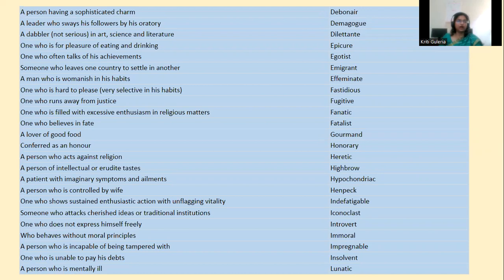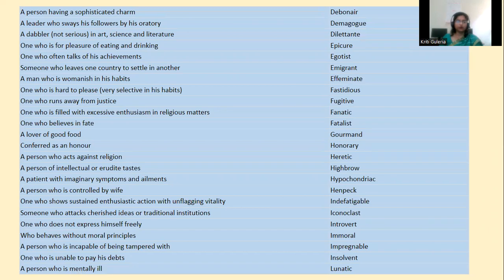A person who is hard to please: fastidious. One who runs away from justice: fugitive. One who is filled with excessive enthusiasm in religious matters: fanatic. One who believes in fate: fatalist. A lover of good food: gourmand.